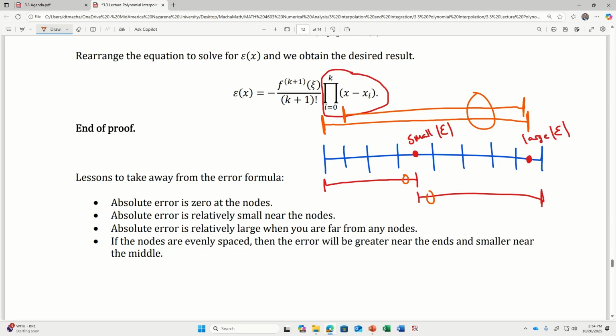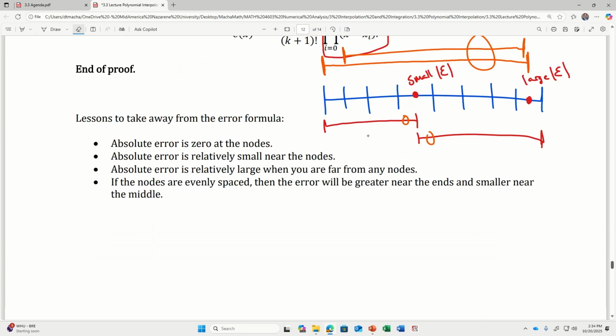So for a point in the middle of my interval, the largest factors in this product are going to be about half the width of the interval. But for points that are near the end of the interval, the largest factors that are in this product are going to be almost the whole length of the interval. So you get more errors towards the edges of the interval. That's an important thing to keep in the back of your head.